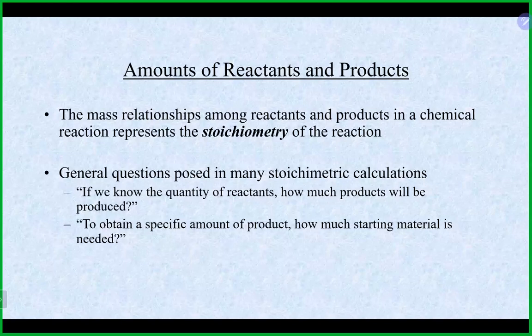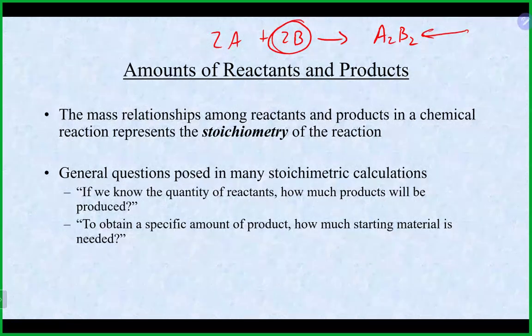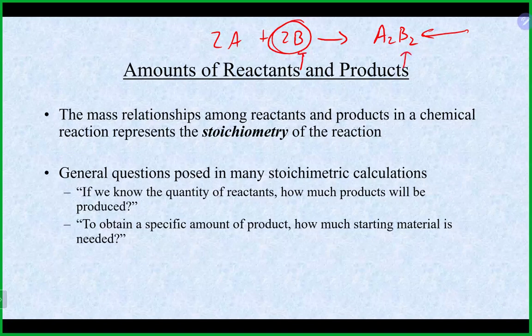And that is because in these types of problems, let's just say we have this reaction here. Maybe we're given information about B in this reaction, but we're actually interested in how much product we're going to make. Because the only piece of information we're given is about B, we need some way to go from B in this equation to our product.